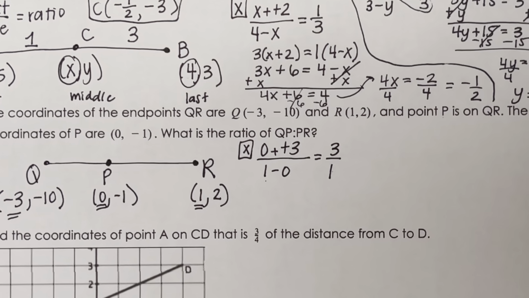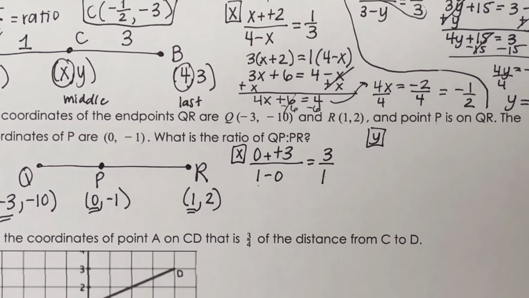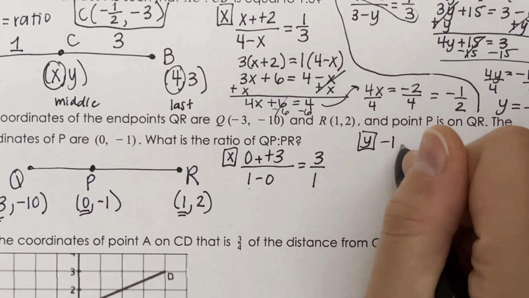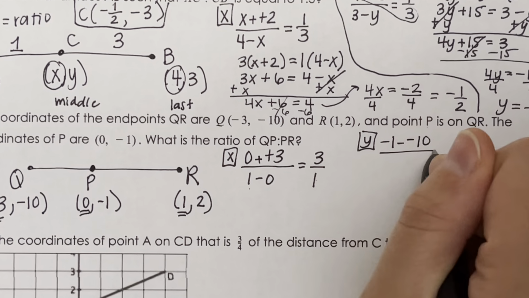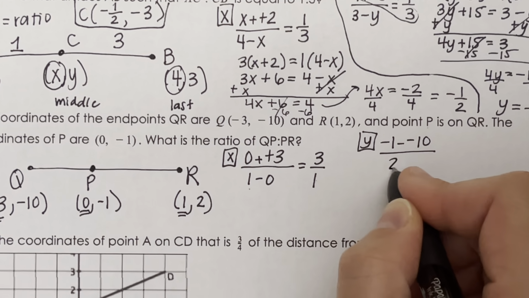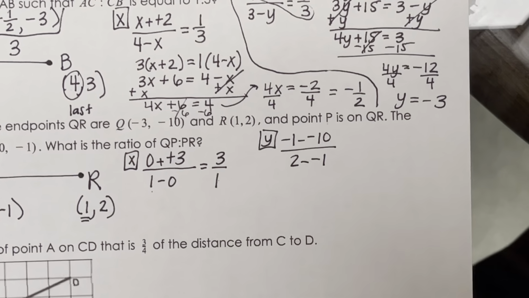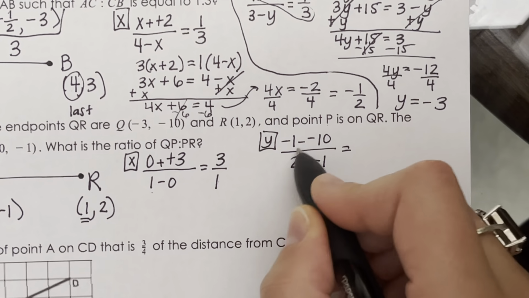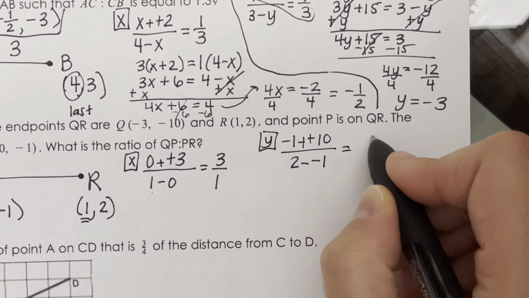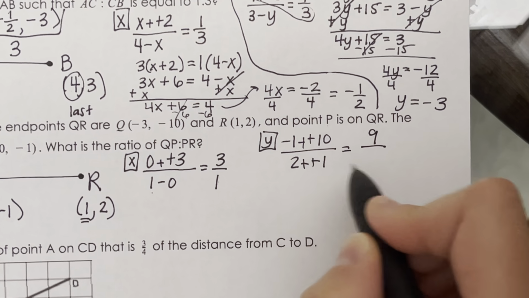I'm going to do it with the y's just to check and make sure, but I should get the same thing. For my y values, middle minus first, so -1 minus -10, over last minus middle, 2 minus -1. Be really careful with all your negative signs there. -1 minus -10 really becomes +10, so -1 plus 10 is 9. 2 minus -1 is really 2 plus 1, which is 3.